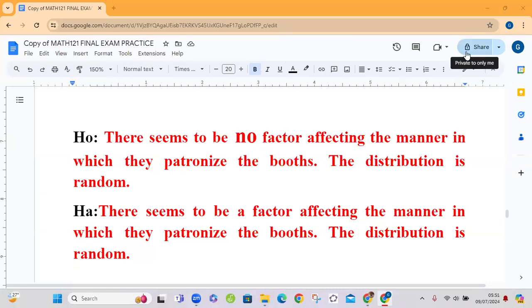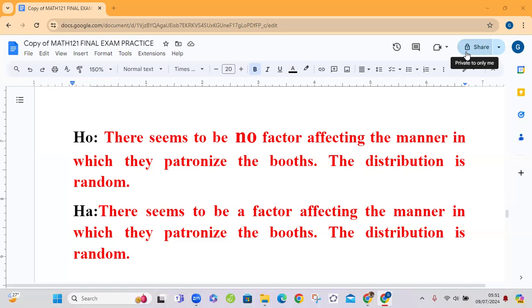So you must state the pair of hypotheses. So the null will be saying there seems to be no factor affecting the manner in which they patronize the booths. So in other words, the distribution is random. So that's what the null will always say for chi-square test for randomness. And the alternative hypothesis will say there seems to be a factor affecting the manner in which they patronize the booths, or the distribution is not random.